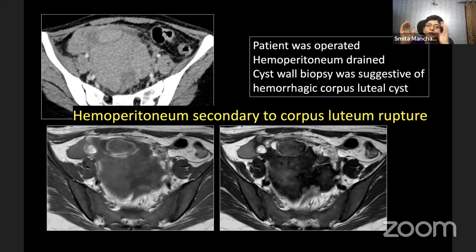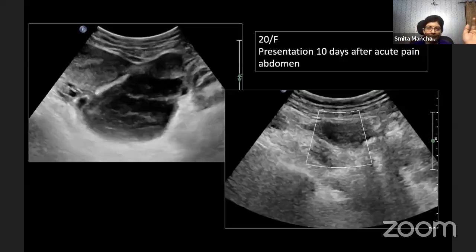This kind of a picture, where you are seeing a cyst, some peripheral vascularity around it, and a hemoperitoneum, and the patient is sick, presenting with pain: UPT is essential. If the UPT is negative and you have ruled out an ectopic pregnancy, then the most likely diagnosis is that a corpus luteum cyst has ruptured and resulted in that hemoperitoneum.